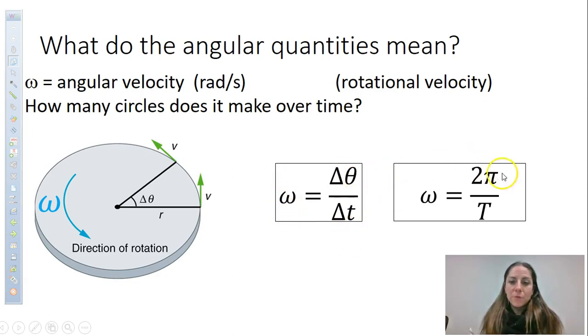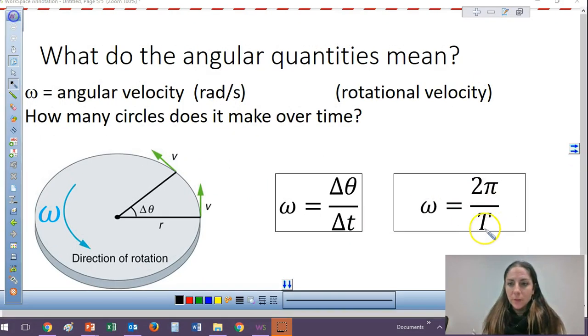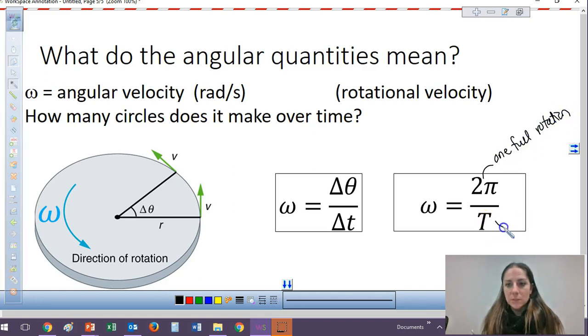Now remember that 1 full rotation is 2 pi. So we can do 2 pi divided by capital T, which represents time for 1 rotation. So remember that this is 1 full rotation. And this is the time for 1 rotation.